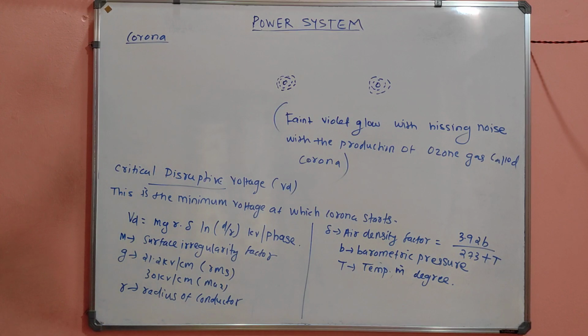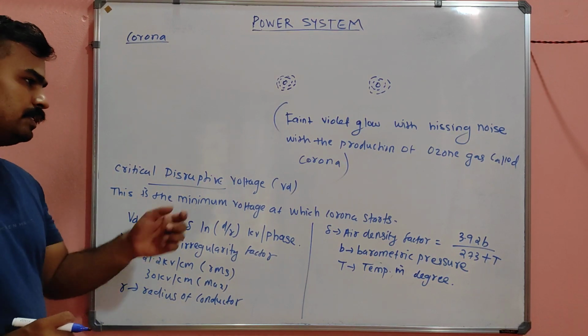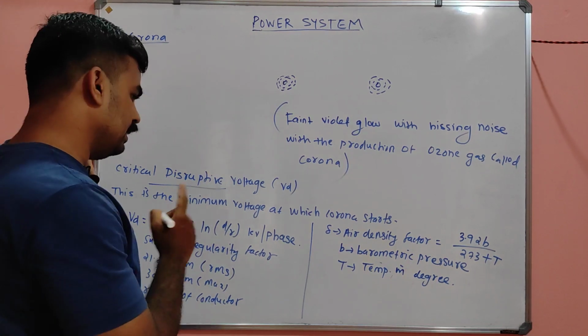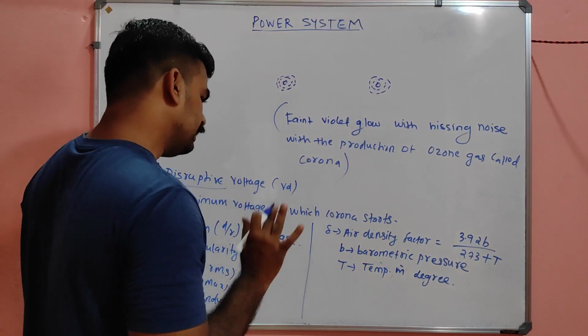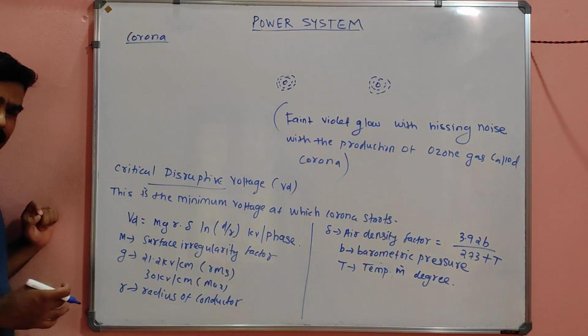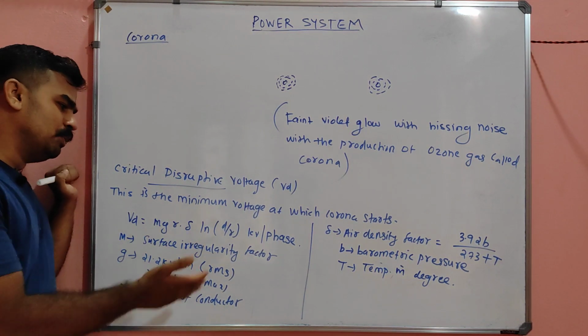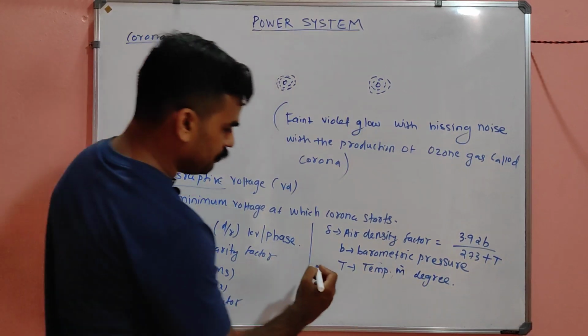So this is the expression for m g r delta ln d by r. D is the distance between the lines.